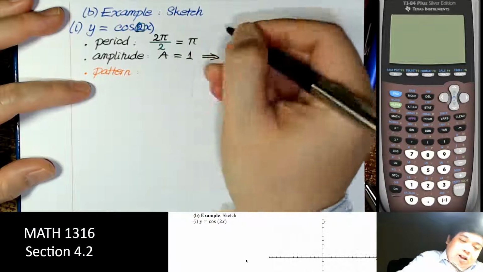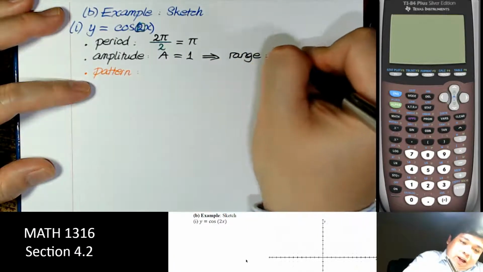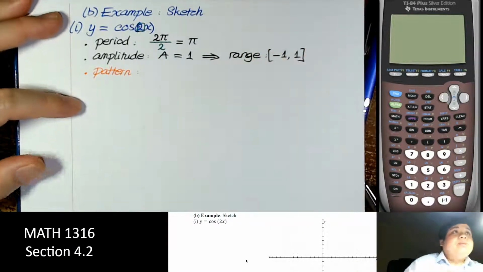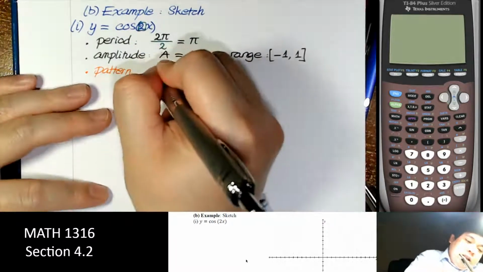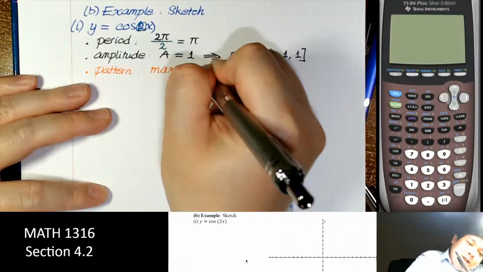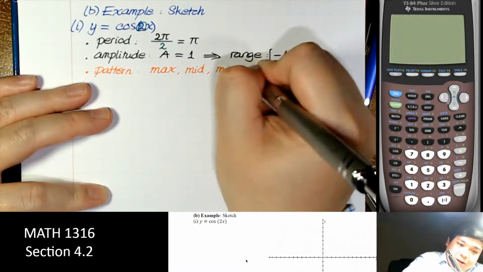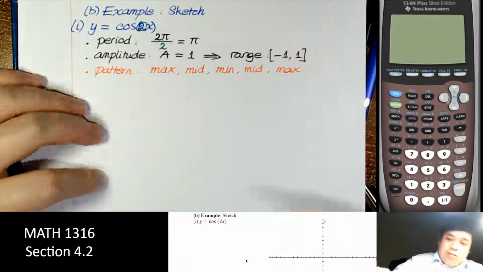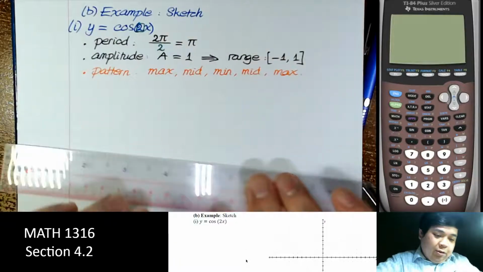So because of that, the range of the function is from negative to positive of that amplitude. Right, the parent for cosine starts from the maximum going down.